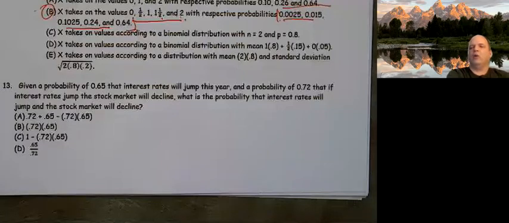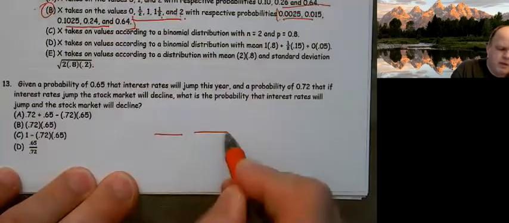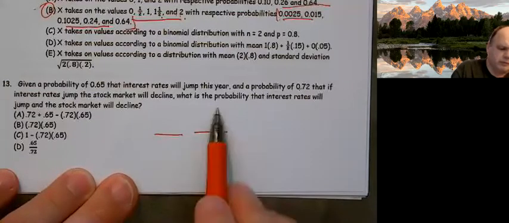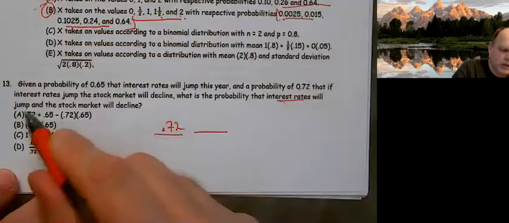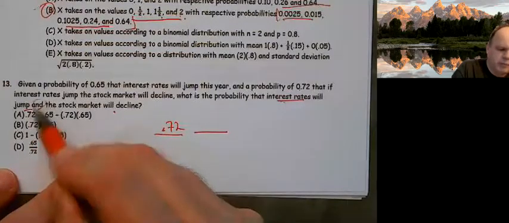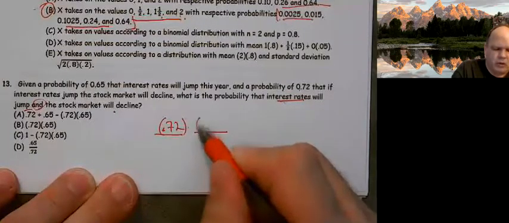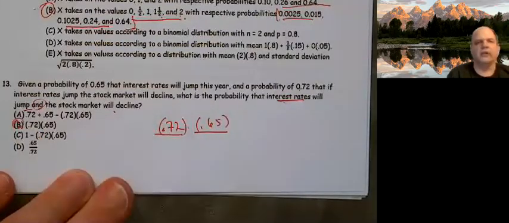All right, so because they've given a condition, we have two things that must happen. And that's a multiplying word. So 0.72 times 0.65, and we can actually multiply those directly, because they've made the adjustment.